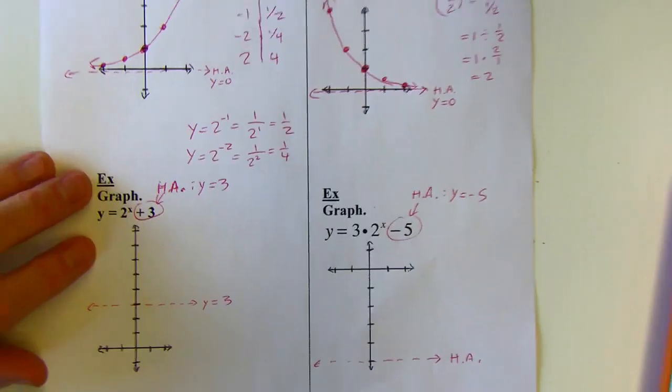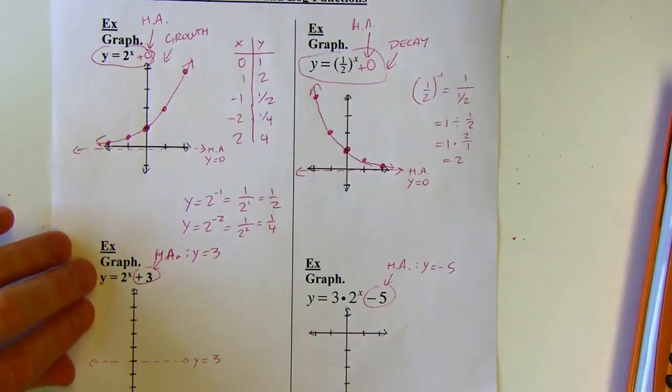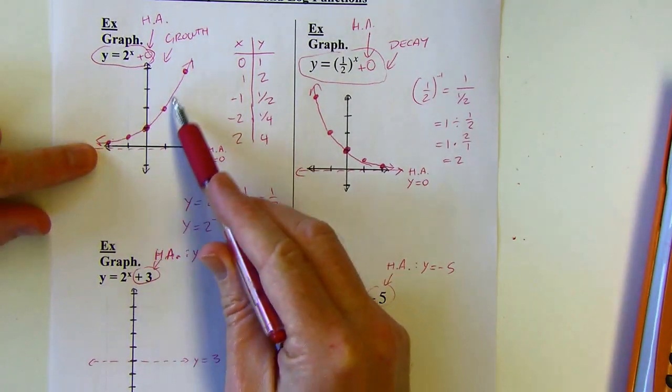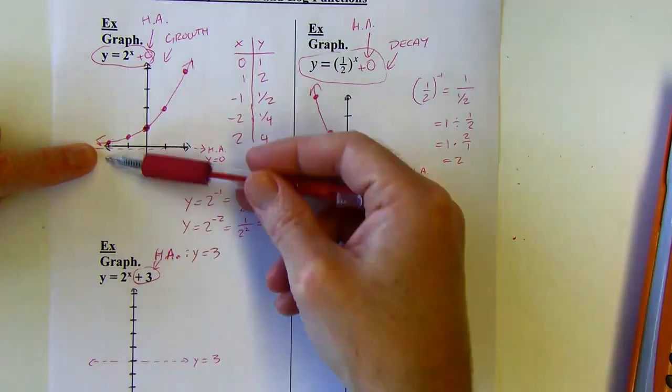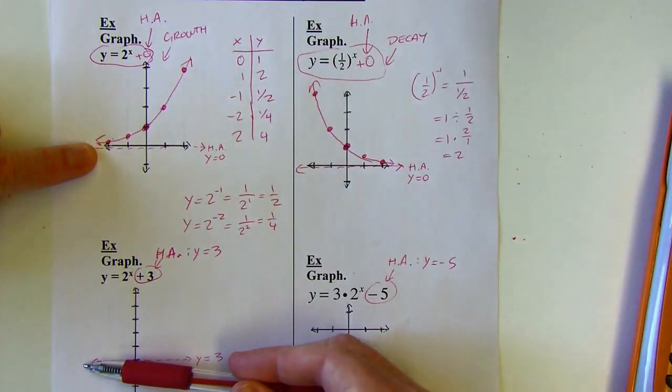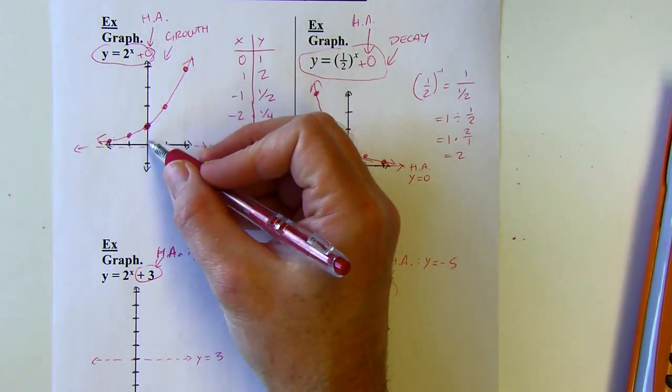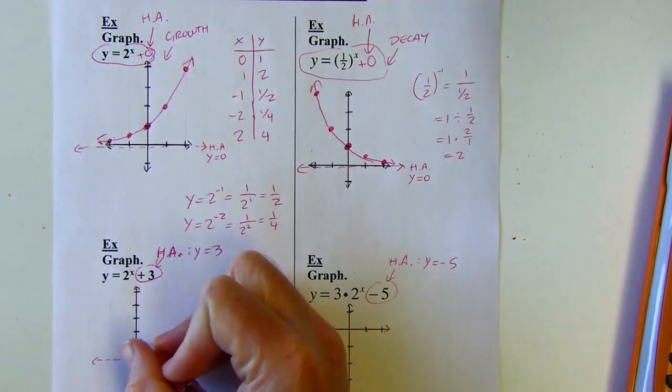Now you can do an XY table again, but this is going to be the same as this, except everything is moved up 3 units. So I'm just going to follow the shape of this graph, except instead of starting from the x-axis, I'm going to start from my horizontal asymptote. That first point was 1 unit above the asymptote, so the same thing's going to happen here.